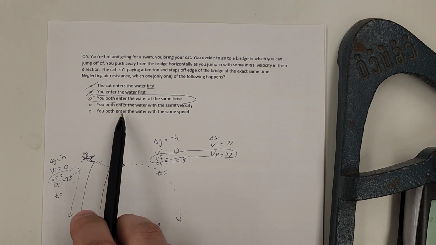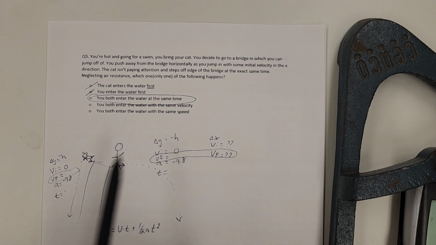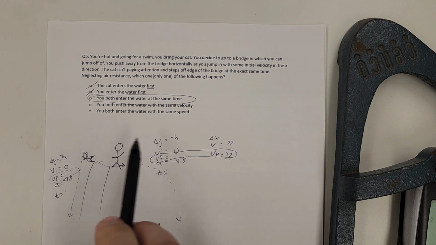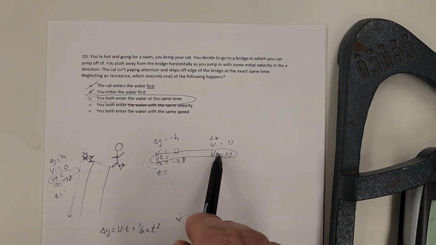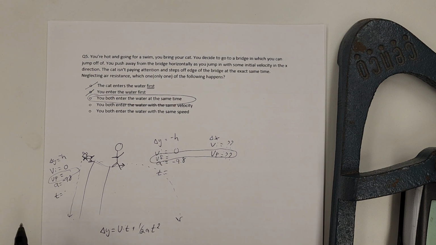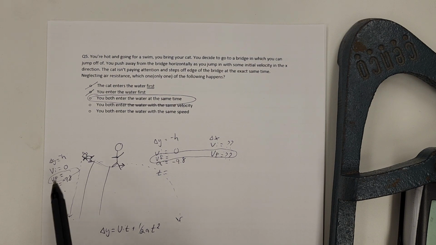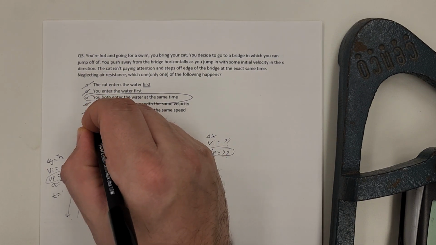And it's the same for speed. It doesn't matter whether we do this in vector form or look at it component-wise. If I do the Pythagorean theorem on the cat's, I'm just going to have 1 value to square, whereas if I do the Pythagorean theorem on yours, I'll have 2 values to square. So you will enter the water with a higher velocity than the cat always, and thus a higher speed. So both of these cannot occur.